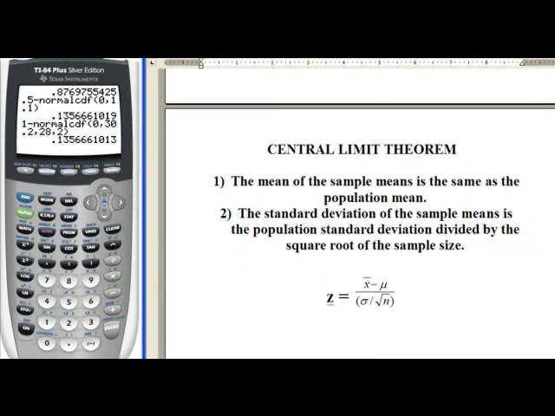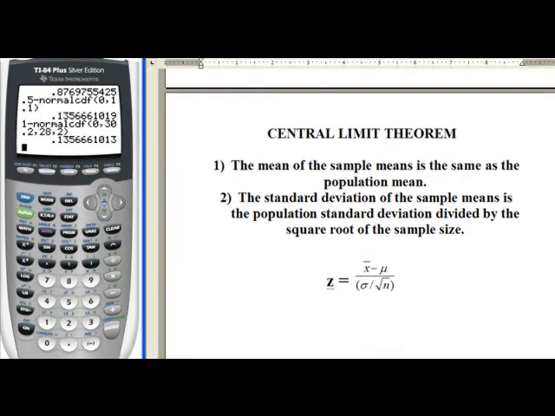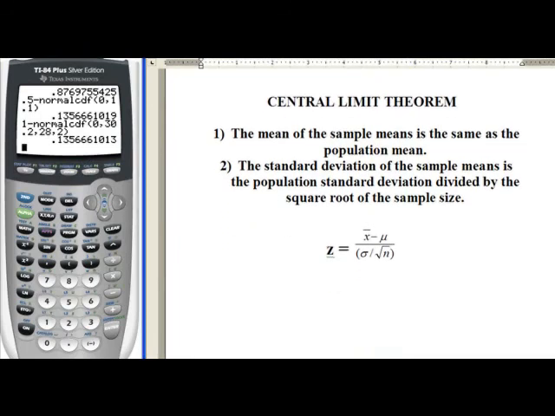Now, one last thing that we are going to cover is the central limit theorem. You can see your derivation in your book or any other standard statistics reference. So I'll assume that you'll look that up yourself, but I'll give you the steps to apply the central limit theorem with your TI-84.